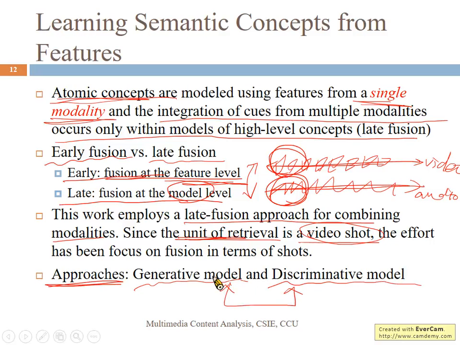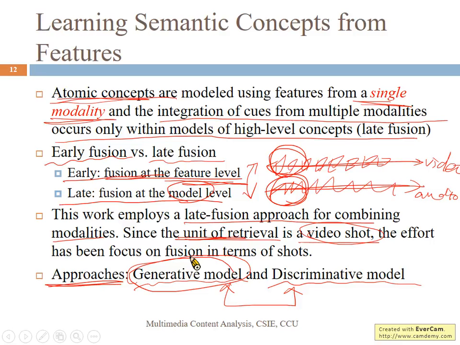Remember, for the generative model, conceptually we assume there is a model behind the realistic items, like a model to describe the sky object, or the bus object.